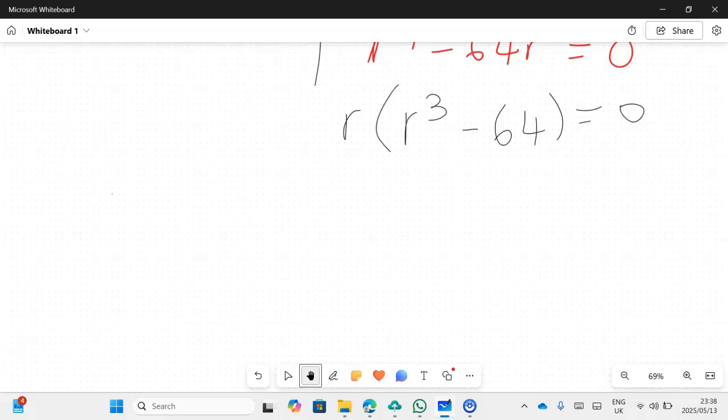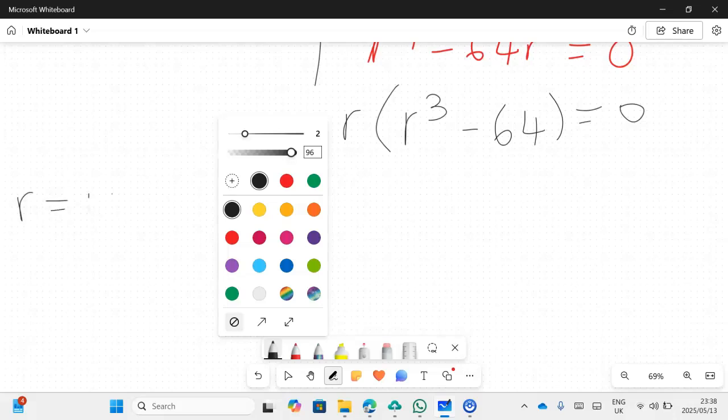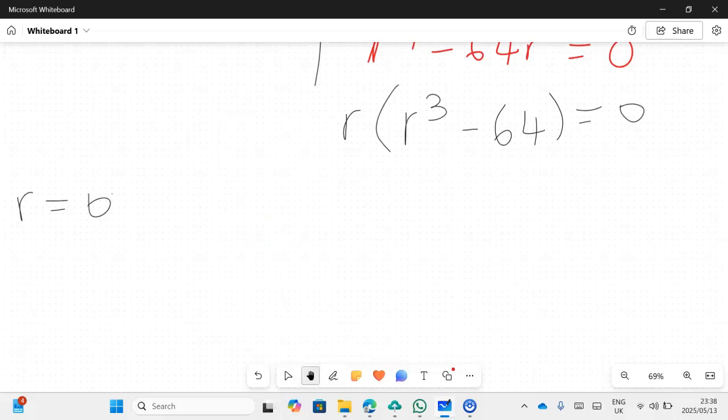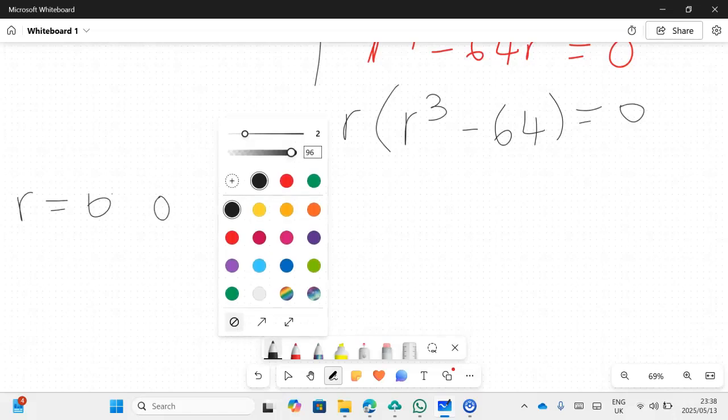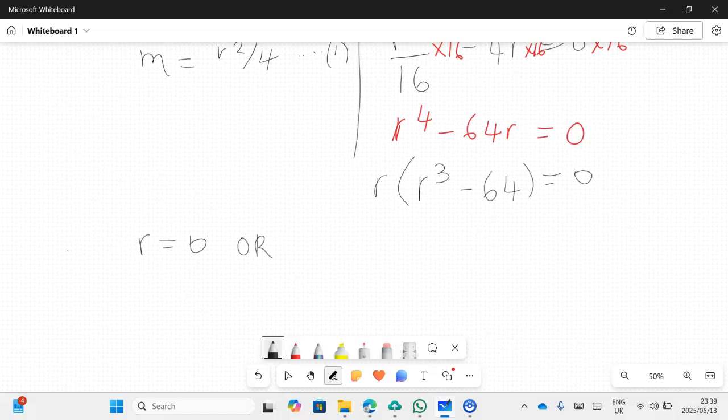So I have r equals 0, or r cubed minus 64 equals 0.